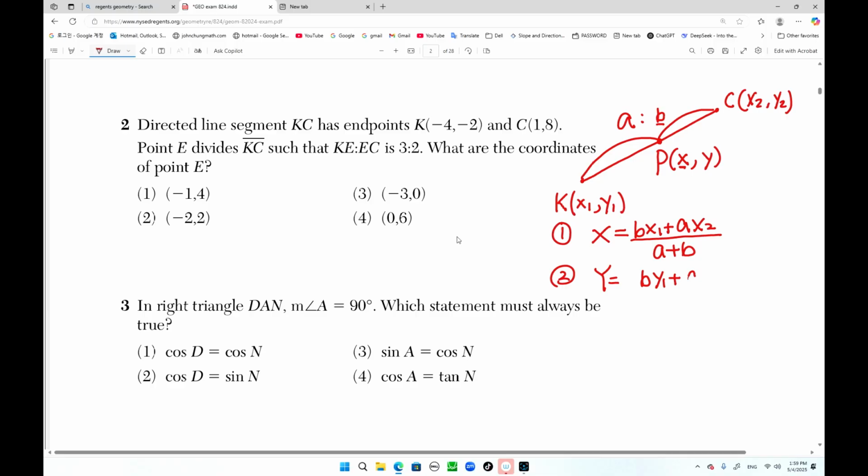B Y1 plus A Y2 over A plus B, okay? Or you can use another method, it doesn't matter, but I like this formula, okay?